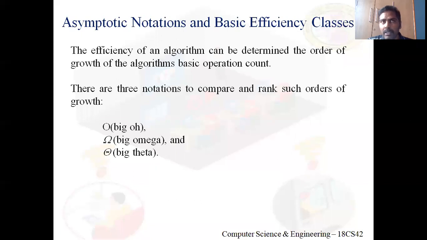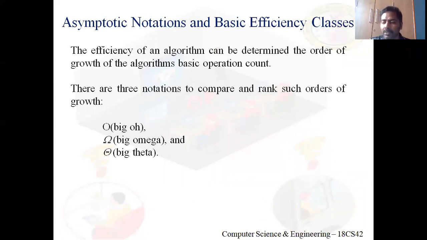By what amount the basic operation count increases is nothing but the order of growth, the order of growth of the algorithm's basic operation count, because the basic operation count increases for each size when I double. Clear? So the efficiency of an algorithm is determined by the order of growth of the algorithm's basic operation count.